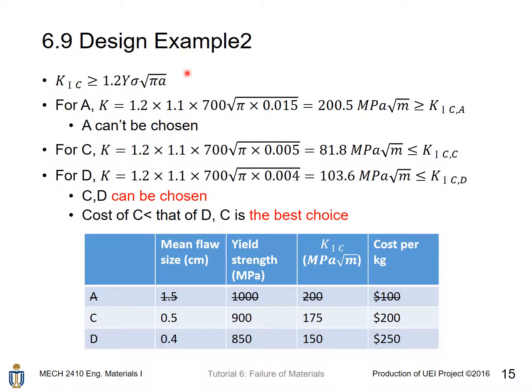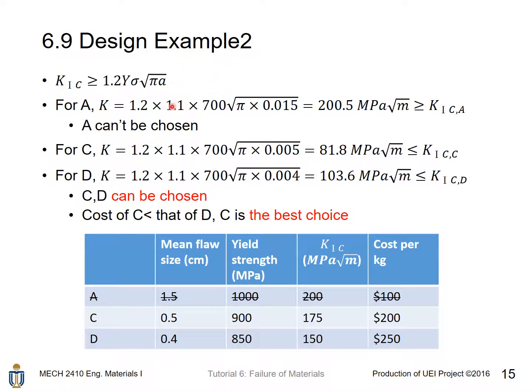For the other alloys, A, C, D, their yield strengths first satisfy the requirement. However, when we consider the fracture toughness, which is K1C, for A, just find the value. 1.2 is the safety factor. Y is equal to 1.1. The applied stress is 700.